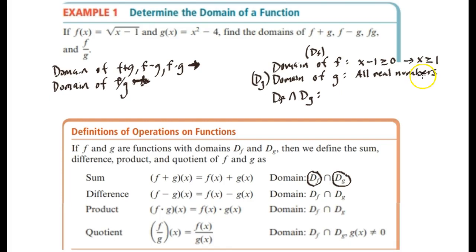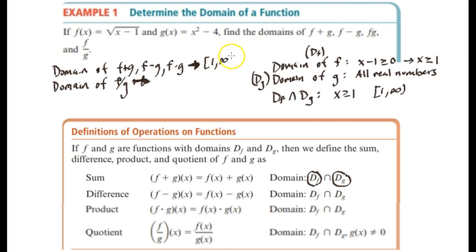Well, if we said all real numbers, then we're not including the entire domain of f, because the domain of f does not include all real numbers. It's just greater than or equal to 1. But x greater than or equal to 1 is also contained in all real numbers. So they're both occurring at x greater than or equal to 1, but nowhere else. So the domain would be x greater than or equal to 1, and the way to write this in interval notation would be from 1 to infinity. It goes from 1 up, including 1, so 1 up to infinity. So that is the domain of f plus g, f minus g, f times g.